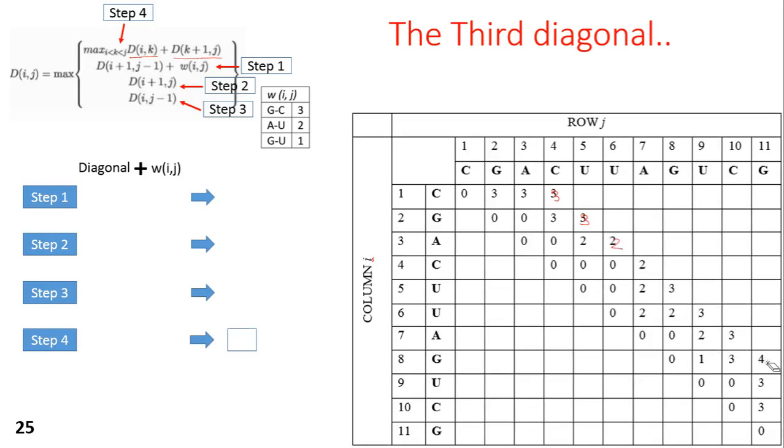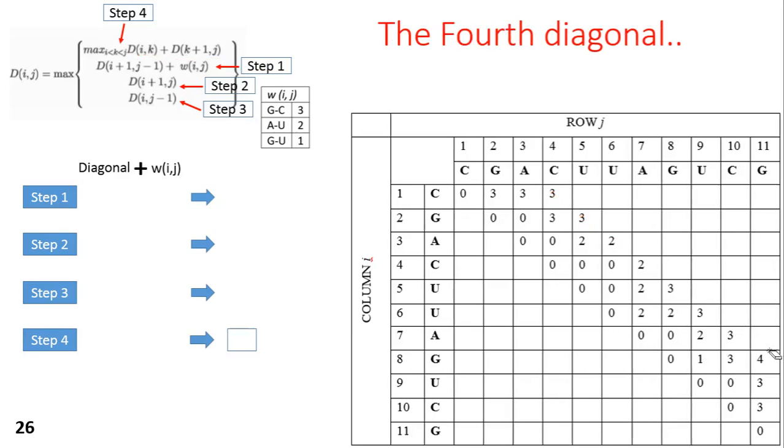Once you reach at this 4, then we would move on to our fourth column, or you can say our fourth diagonal, and then calculate whatever values are present over here. Let us see how things change when we reach our fourth diagonal now.